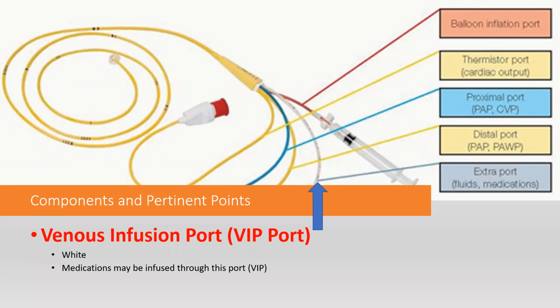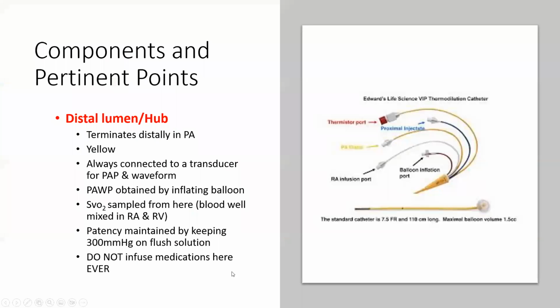All right. So another port that you're going to have to be familiar with is what is known as the distal lumen or the distal hub. And of course, the distal lumen is going to be right over here, the one that goes all the way to the pulmonary artery. So this is the distal port of the catheter.